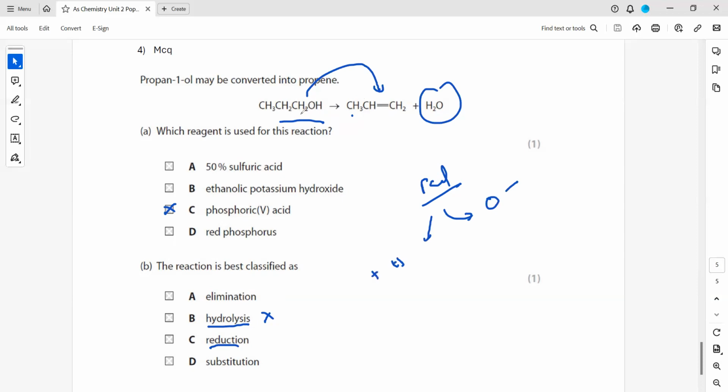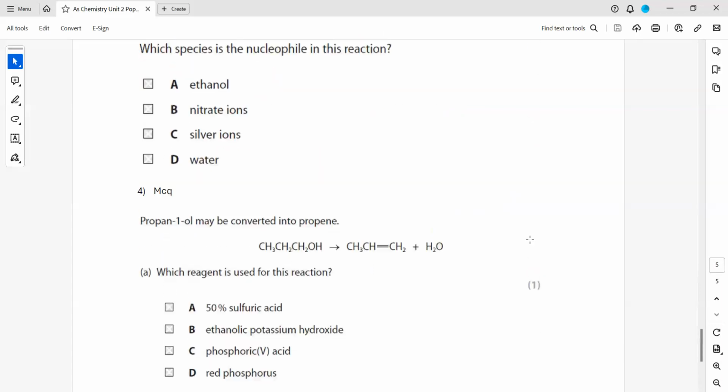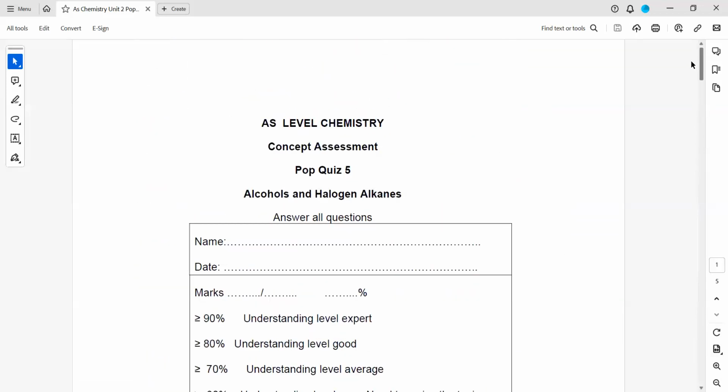But what happened here, in this compound, H is removed and OH is also removed. So both are removed rather than added. That's why we cannot classify it as reduction. It's not a substitution, where a group of atoms replaces another group of atoms. So it is simply elimination. So A will be the right answer. Part A is related to memorizing the condition, and part B is identifying what kind of reaction will occur.